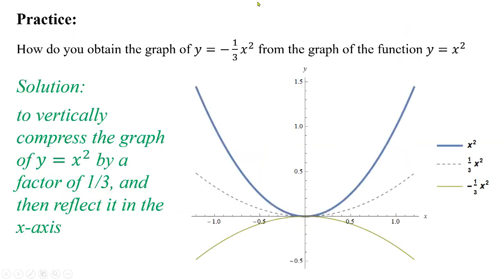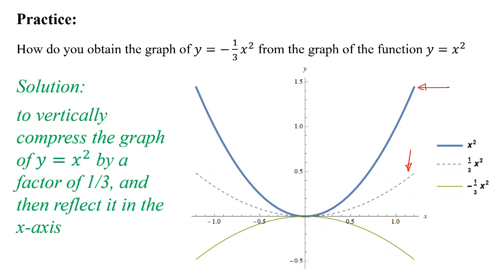Okay, if we illustrate this in the Cartesian plane, we can see that this is the original function, right? In order to get the graph of the new function, first we compress the original function and the graph becomes the dotted curve here.